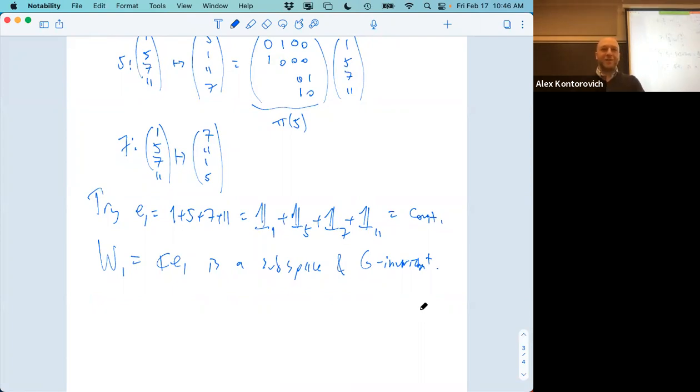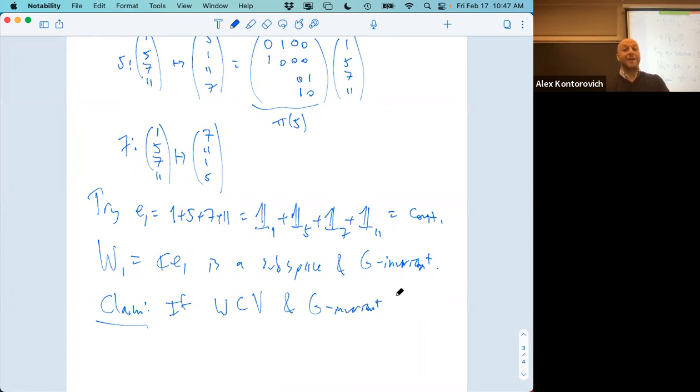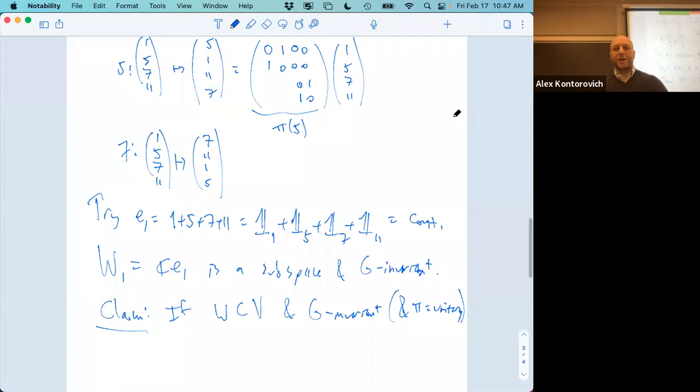So let's prove a little theorem. Claim: if W is a subspace of V and G invariant, and we have a unitary representation, and pi is unitary. We know what unitary means? Unitary means it's an isometry.